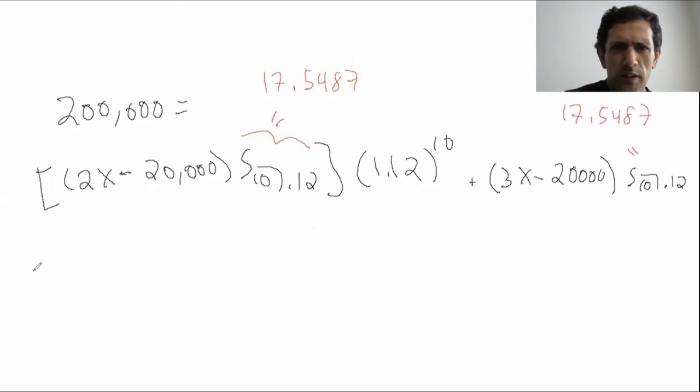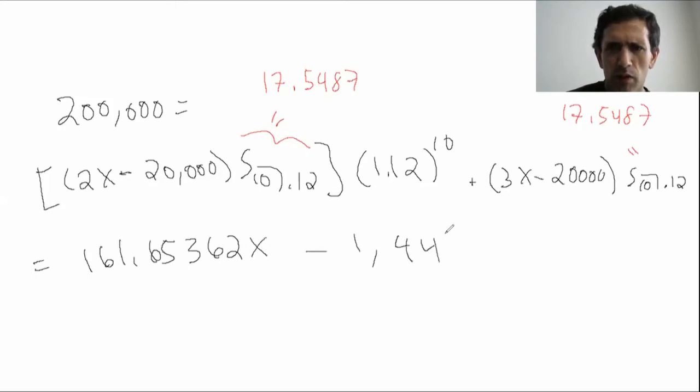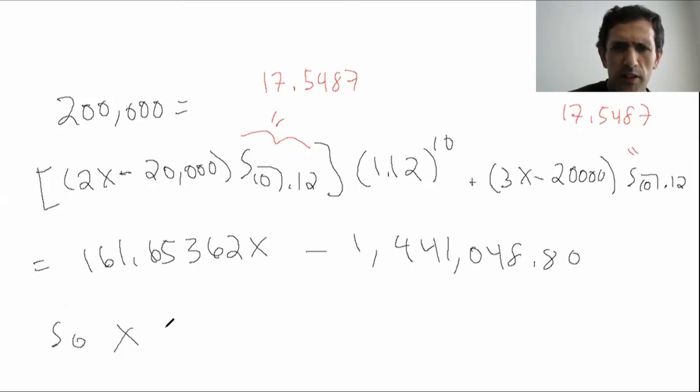And what you would get is, well, right, so this is going to be equal to, when you simplify, 161.65362x minus 1,441,084,048.80. And so you just get x is 10,151.64.